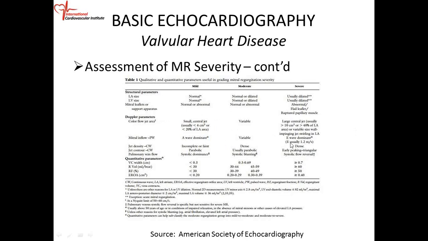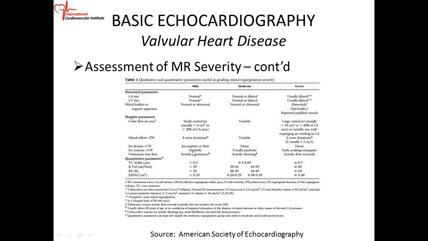Okay. So for mild, you have A wave dominance. This is the mitral inflow. Again, the jet density for severe is very dense, with a triangular contour of the mitral envelope. So very dense, triangular contour.